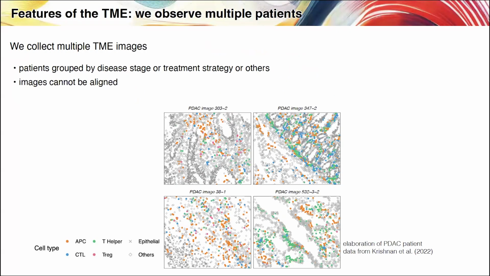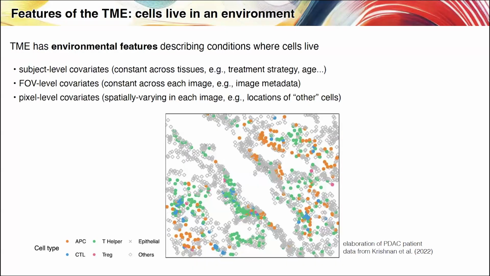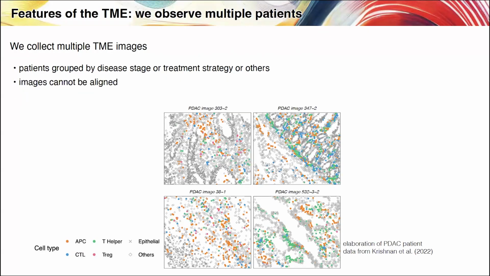And then the other key feature, and this is something that distinguishes cancer data from natural sources like natural environments, is the fact that we can collect multiple TME images, right? We have multiple patients, and because of the information that we can collect from them, these create cohorts, groups of individuals that we take images of.